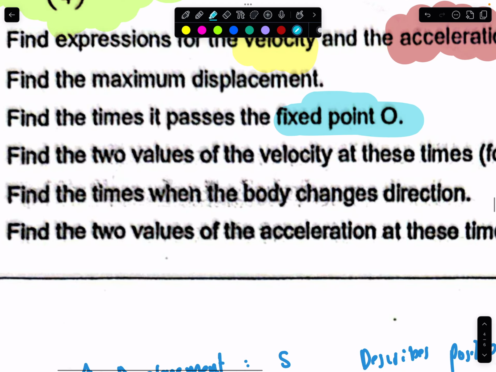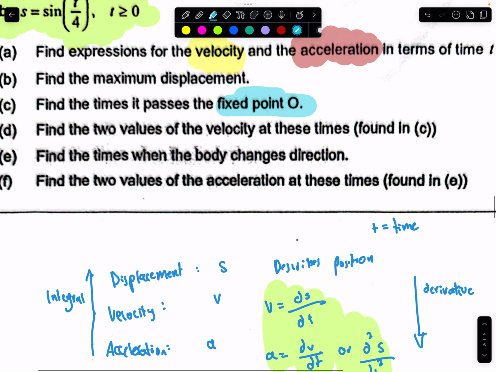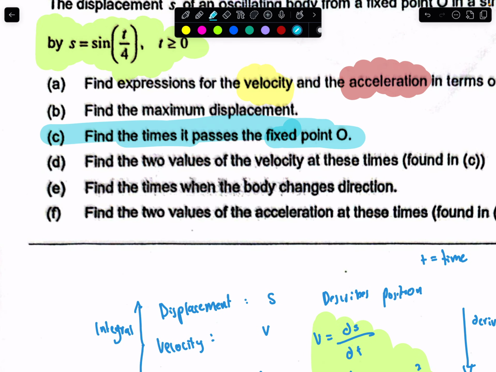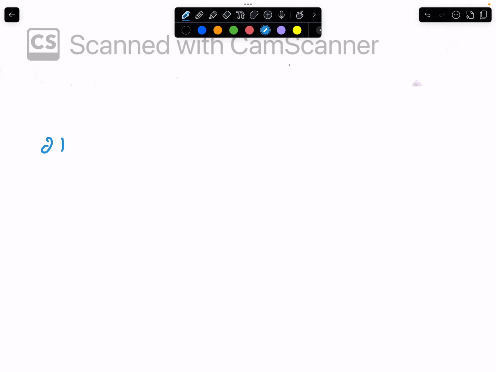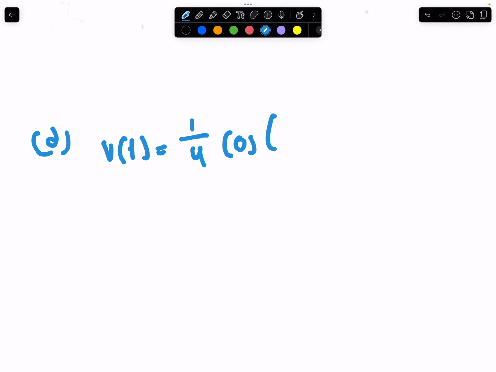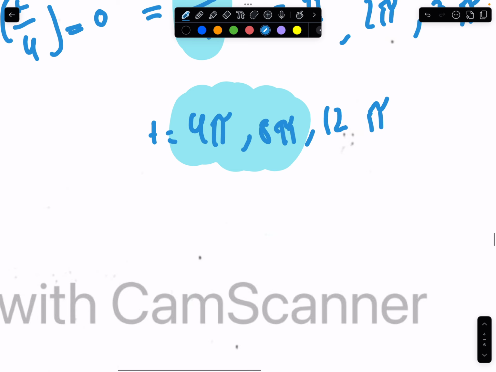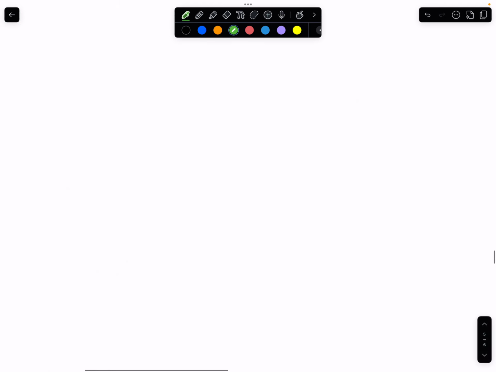To solve D, find the two values of the velocity at these times found in question C. From earlier, V(t) is equal to 1 over 4 cos(t over 4). Now plugging in the two values, t equal to 4 pi and t equal to 8 pi.